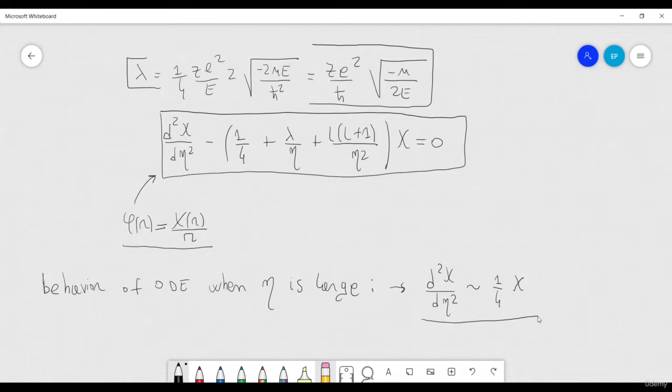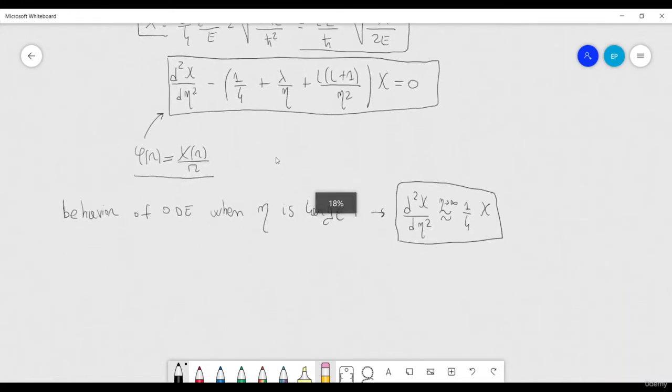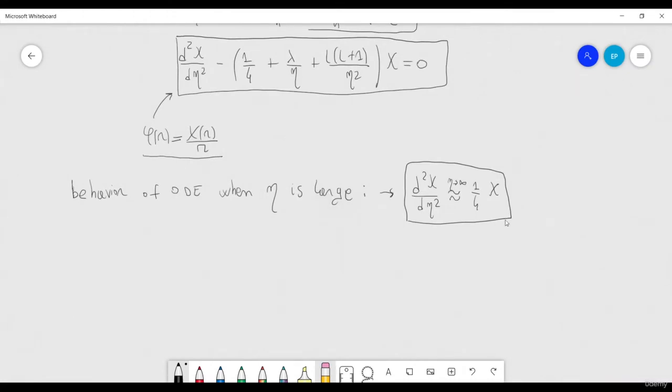Therefore, we can try to find a solution for this, let's call it equation. So this is an approximate equation as eta goes to infinity, and we can try to find a solution, and that will guide us to find the solution to the more general equation. Now, this one is easy to calculate, and it can be calculated by associating an algebraic equation with the differential equation.